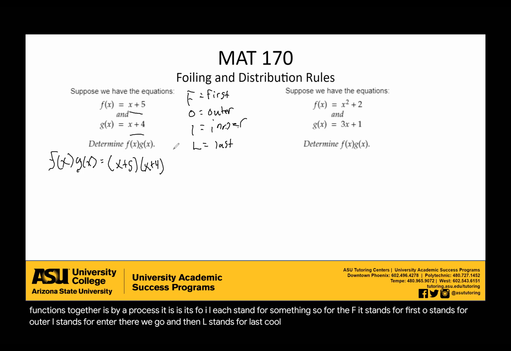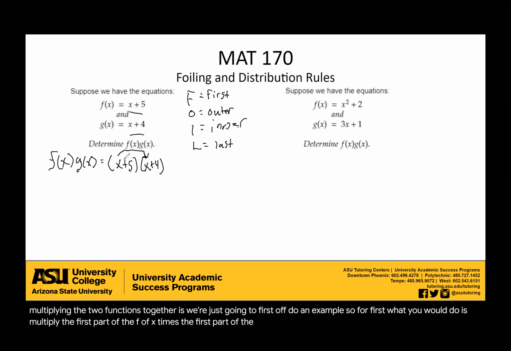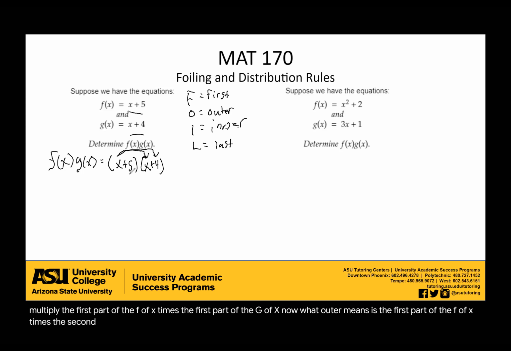Okay, so the way we're going to multiply the two functions together is to first do an example. For first, you multiply the first part of the f of x times the first part of the g of x. Outer means the first part of the f of x times the second part of the g of x.